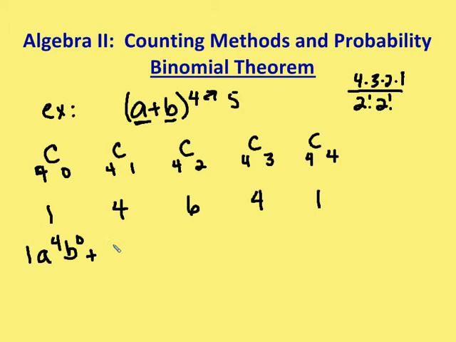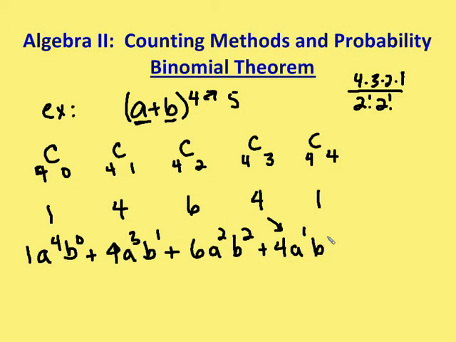Then I add my coefficient 4, a now to the n minus 1, which is a to the 3rd, b to the 1, plus 6, here's my coefficient again, a to the 2nd, b also to the 2nd, plus 4 is my coefficient, a now to the 1st, b to the 3rd, plus, now my last, 1 times a to the 0, which is just 1, so we won't write it, b to the 4th.